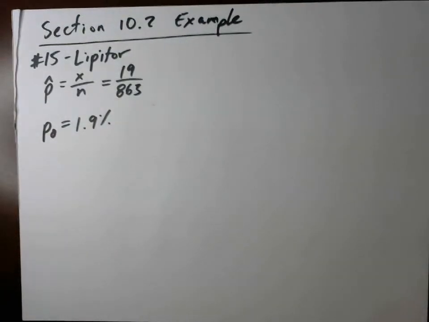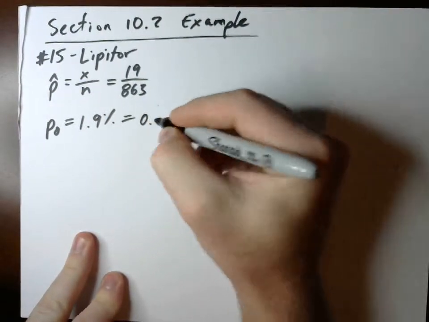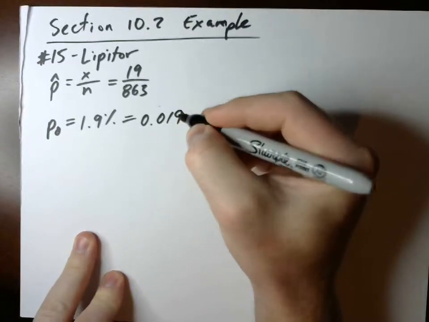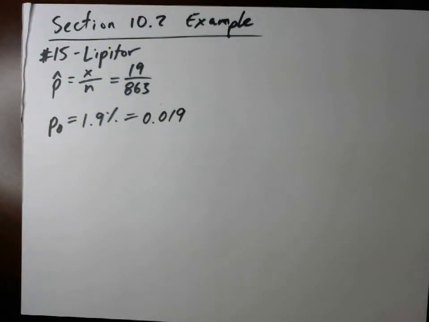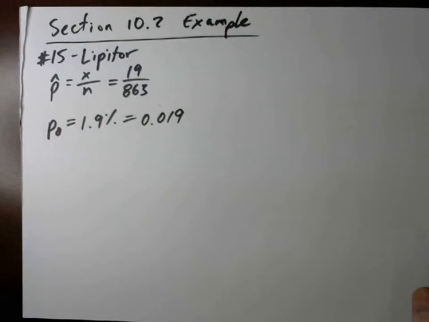If you don't remember what p naught is, you can look at some examples, but it has to do with the claimed proportion. In this case, 1.9% is 0.019. So that represents the claimed value, which belongs in the null and alternative hypothesis. So you may have an idea of where this goes already.